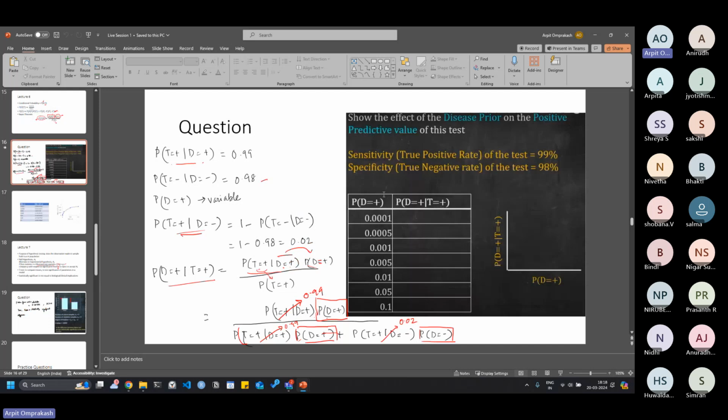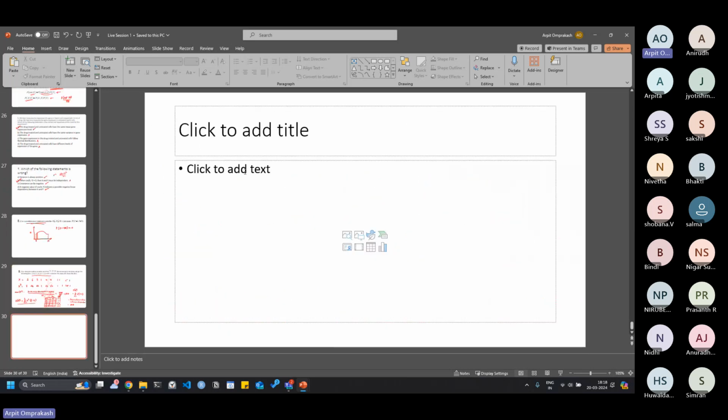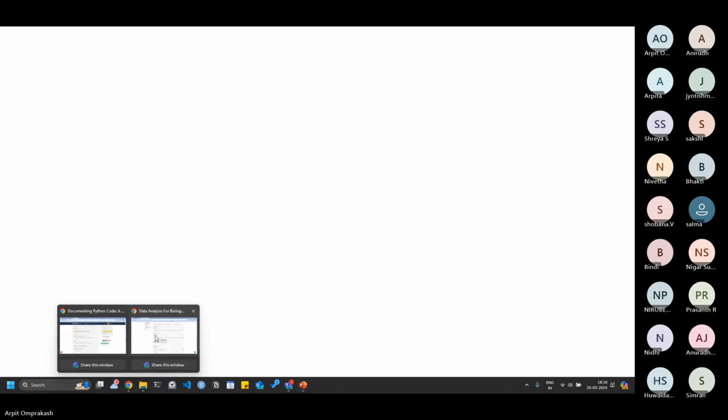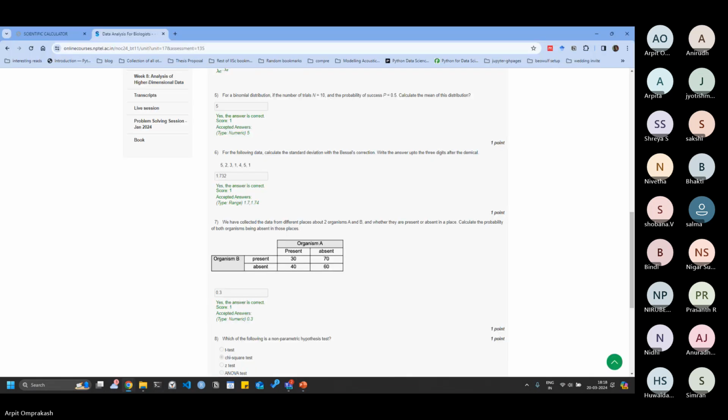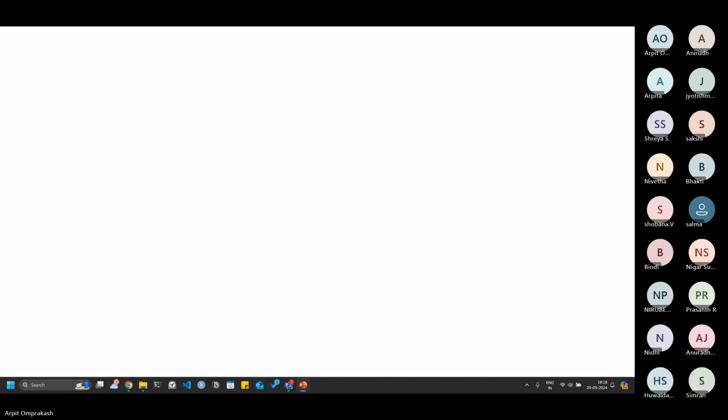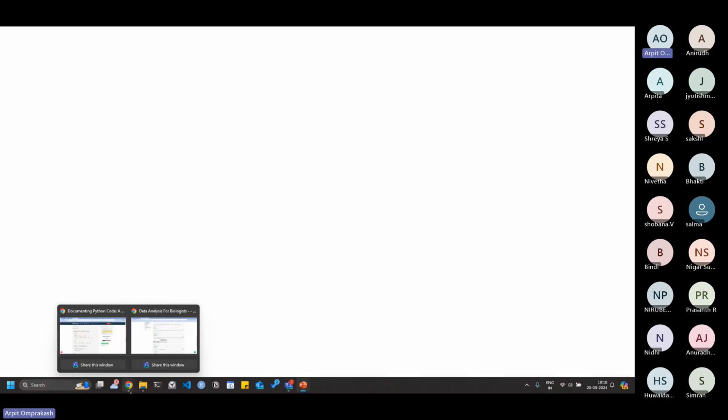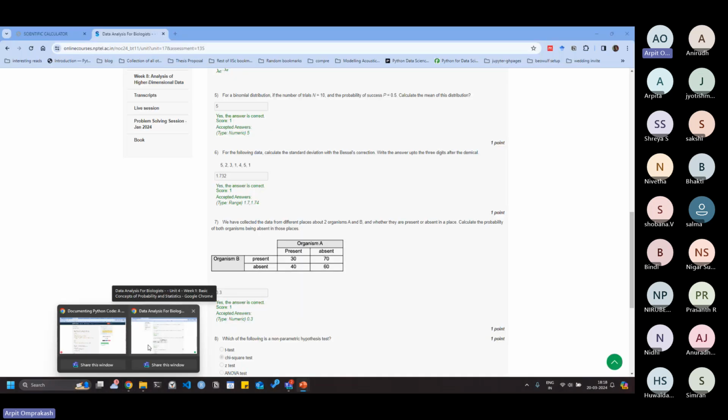Just add a slide. Okay. So the question is, for the following data, calculate the standard deviation with Bessel's correction.